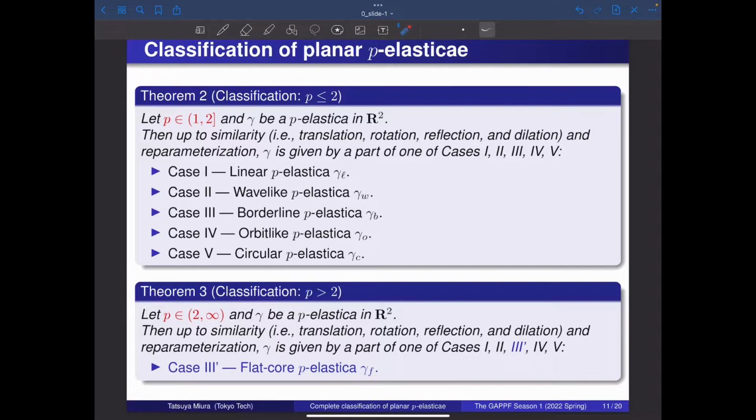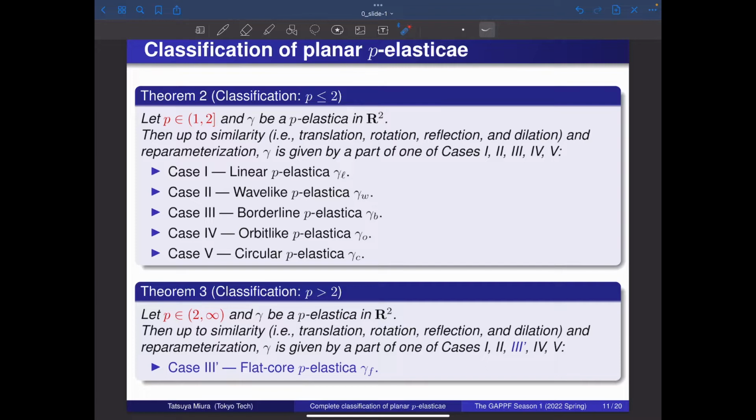And in order to state the classification result, it is convenient to divide the exponent into two cases. And the first case is p less than or equal to 2. So this case in particular contains the classical case p equal to 2, the classical elastica case.